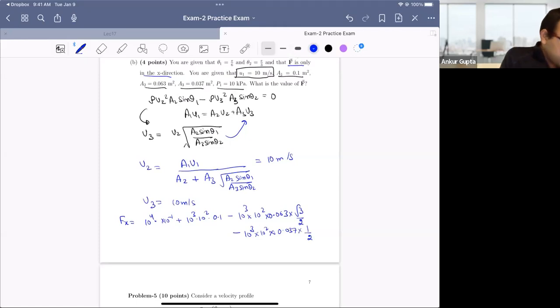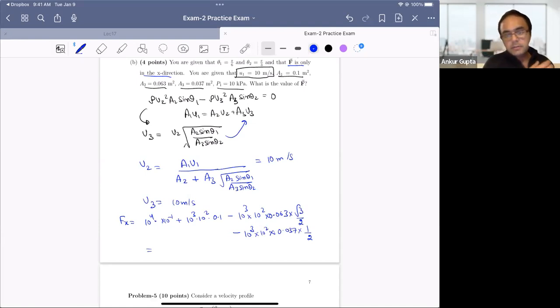Okay, so this is the value in newtons. So let's see what the value comes out to be. It's 10 to the 3, because kilopascal times area, 10 to the 3 plus 10 to the 4, and then minus 10 to the 5 into 0.063 into square root of 3/2 minus 10 to the 5 into 0.037 into 0.5.